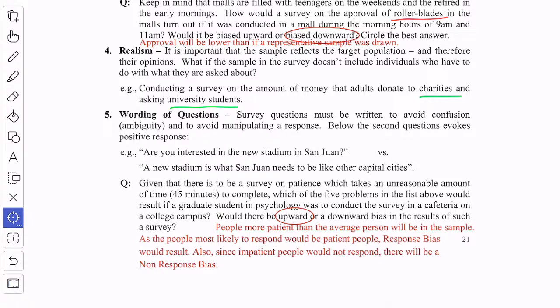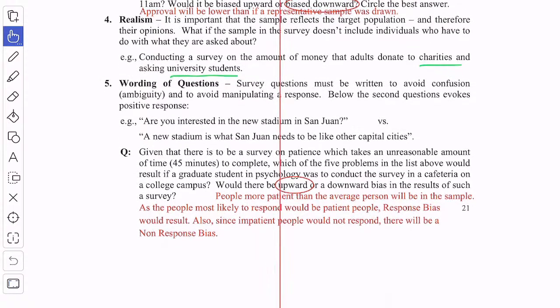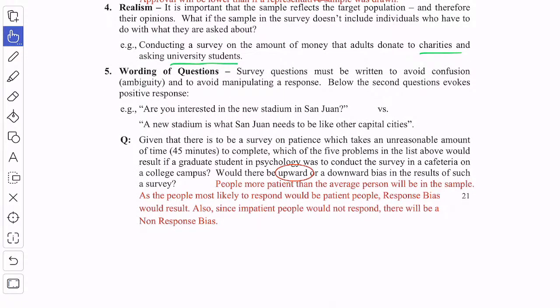So it did happen that I was a graduate student at the time, and I was studying in a cafeteria, and I was approached by another graduate student to fill out a survey.